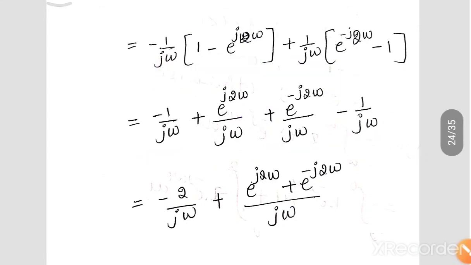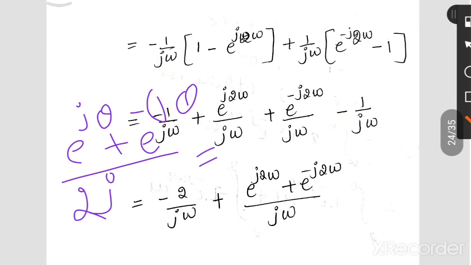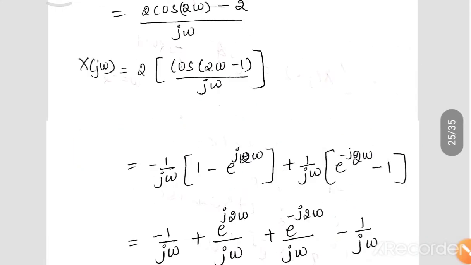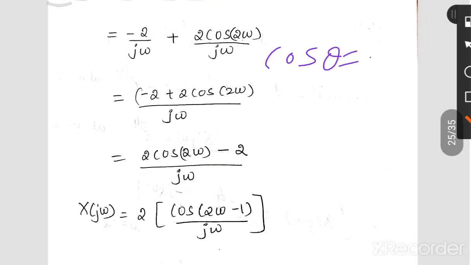So this, you can compare it with this: e raised to j theta plus e raised to minus j theta divided by 2. It is nothing but cos theta for us. Cos theta is nothing but e raised to j theta plus e raised to minus j theta divided by 2.